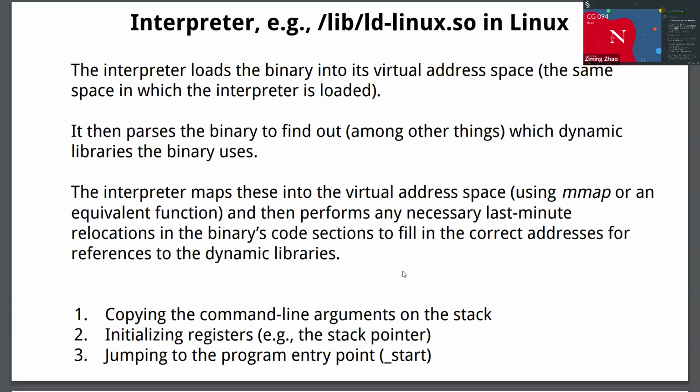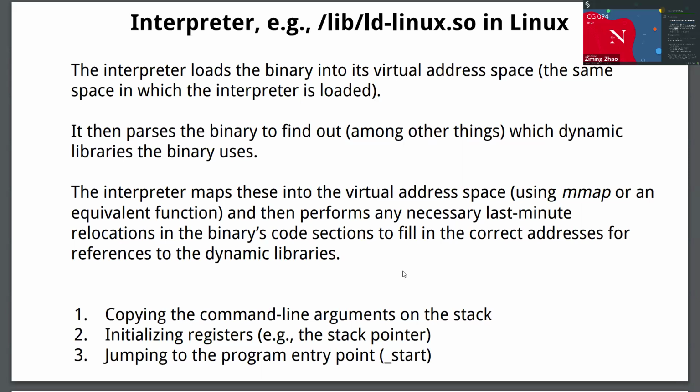It will also parse the binary to find out what dynamic libraries this binary uses. It will also map virtual addresses using other system calls like mmap, memory map. We will see those later. Some other important steps: copy command line arguments onto the stack.